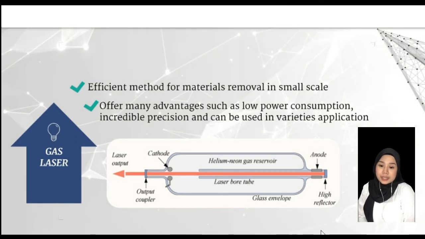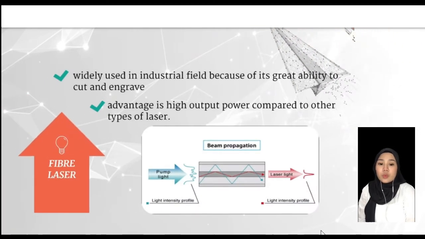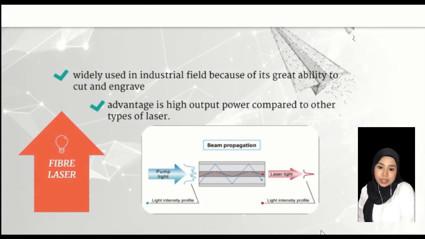Secondly, fiber laser. Fiber laser is widely used in the industrial field because of its great ability to cut and engrave. In 1961, Elias Snitzer introduced the fiber laser, which he demonstrated in 1963. Only in 1990 did serious commercial products arise.